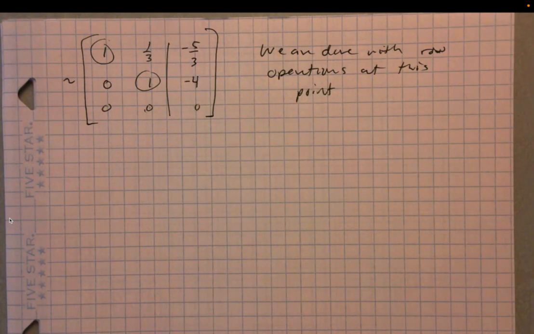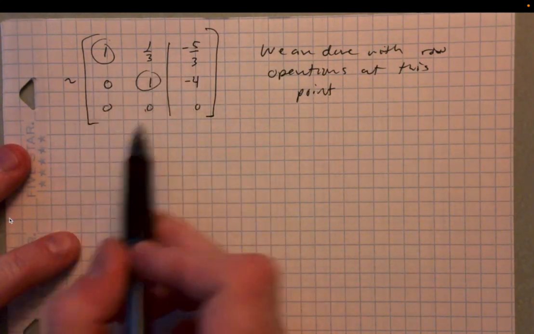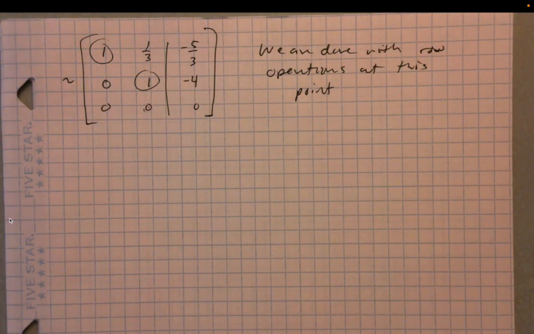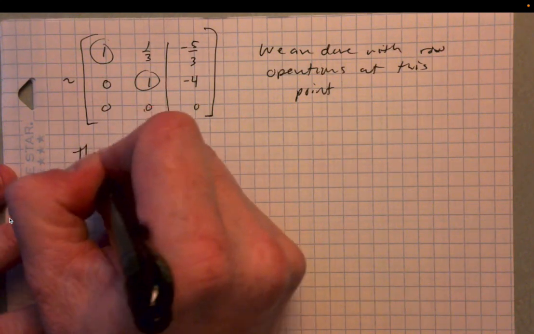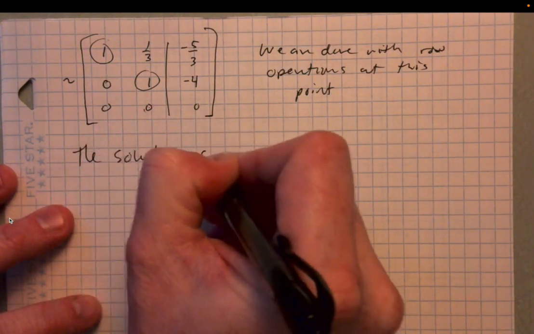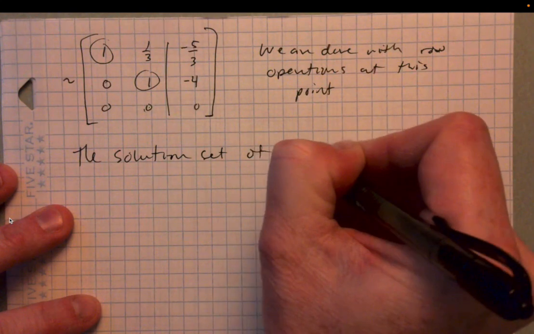That's the process of using row operations to get to your reduced matrix. This is a reduced matrix, not a full one. You could reduce it more, but this has been reduced. And so the solution set of this matrix is going to be the same as the solution set of the original matrix.